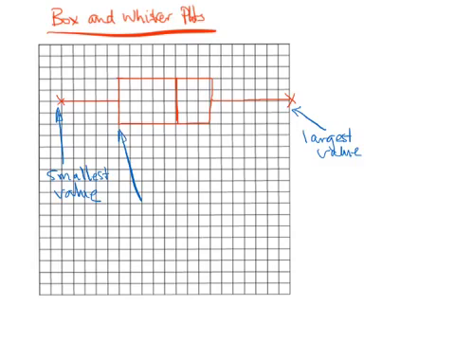This vertical line represents the lower quartile, Q1. This line represents Q2, or the median. And this vertical line represents Q3, the upper quartile.